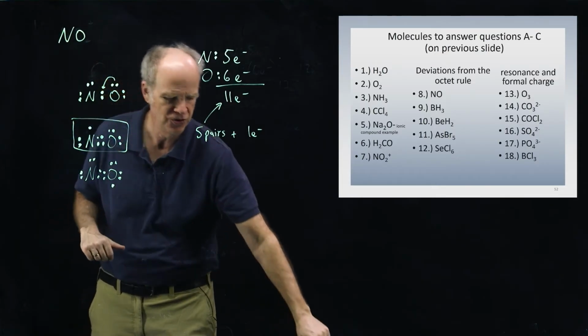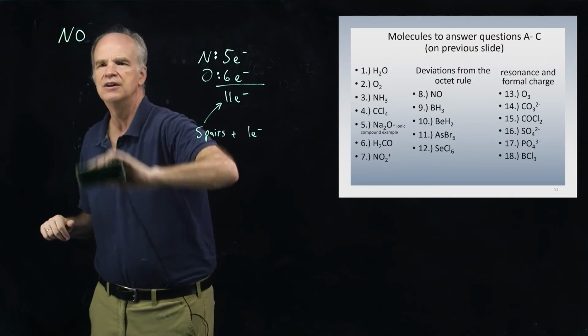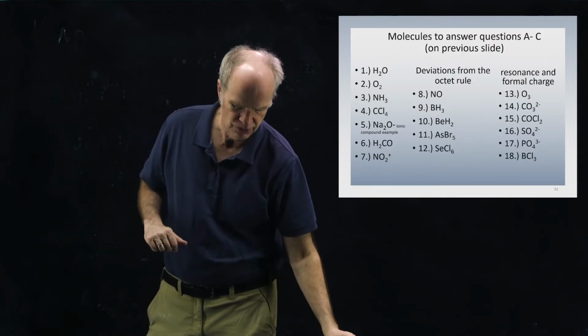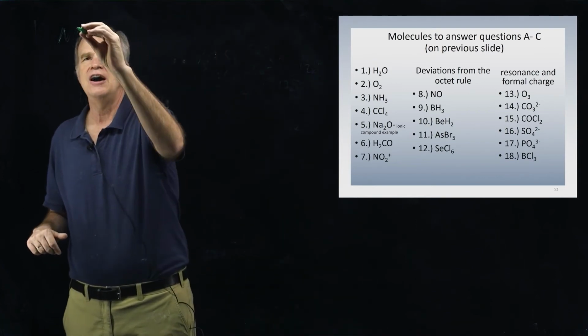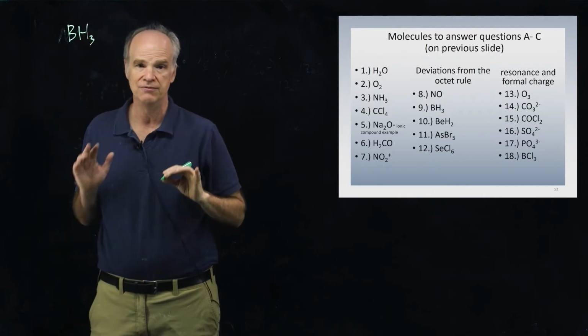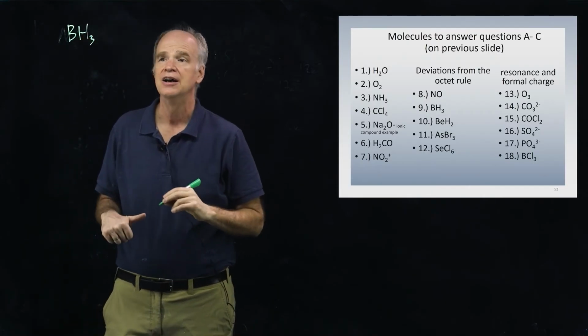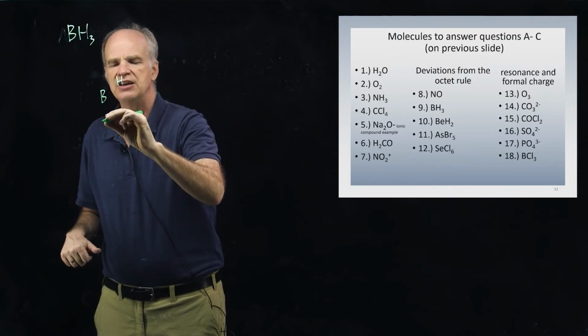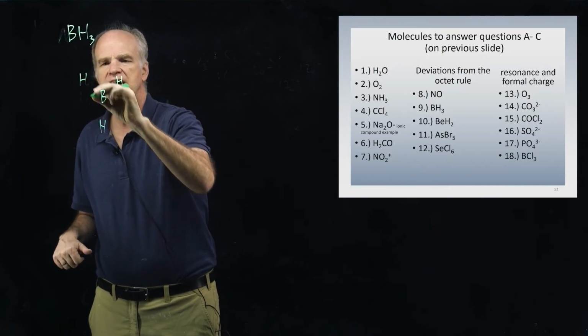Okay, so let's move on to another one. One that may be more important, although you definitely need to know the one I just did. Okay, so how about boron trihydride? Let's draw a Lewis structure for that with the rules that we know so far. Boron's going to be in the middle, hydrogen on the outside, so that's fine.